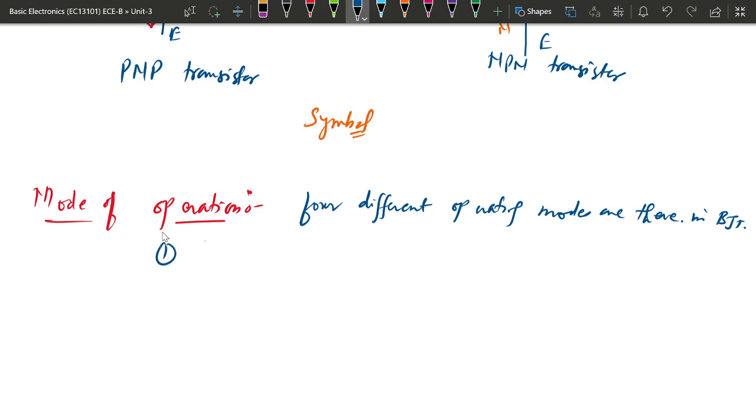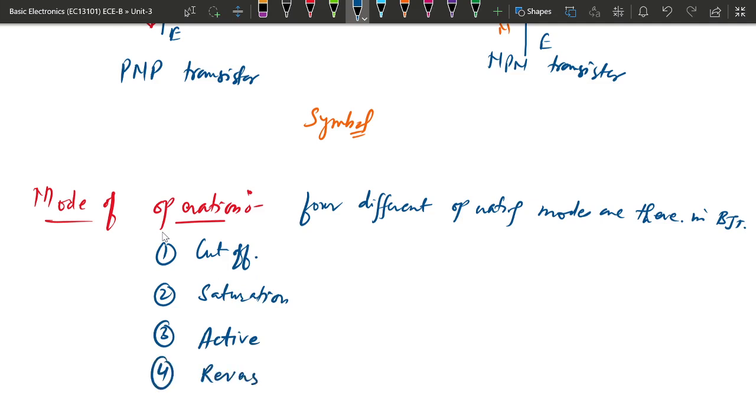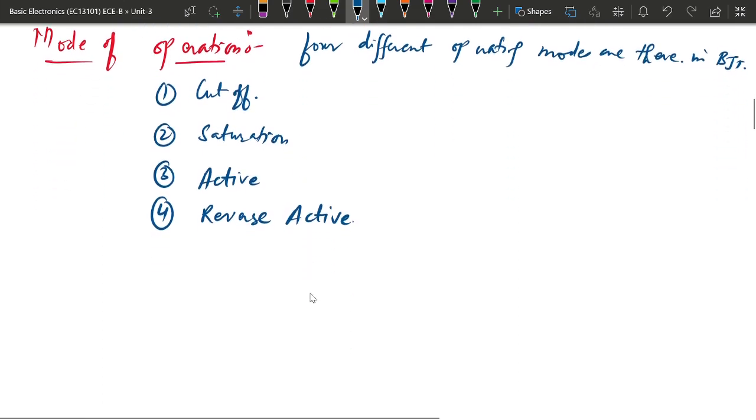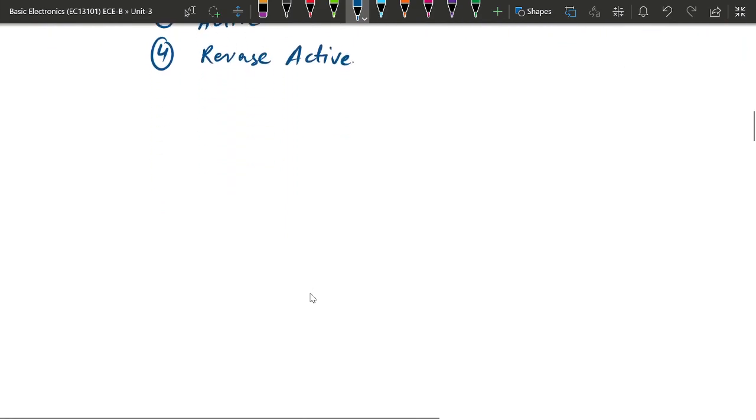The first one is cutoff region. Second one is saturation. Third one is active, and fourth one is called reverse active. These are the different modes of operation of BJTs. We will see one by one.